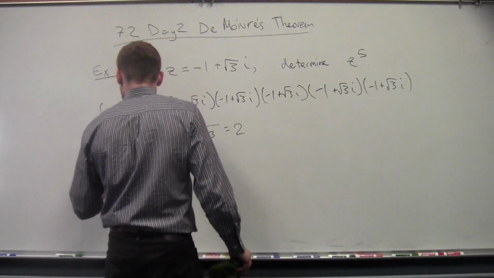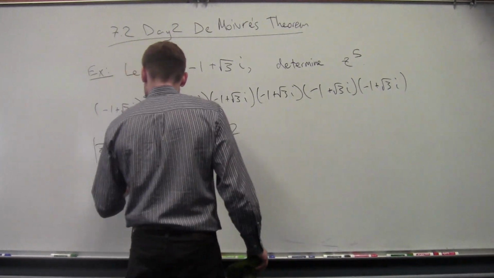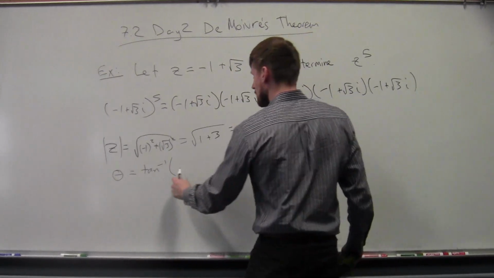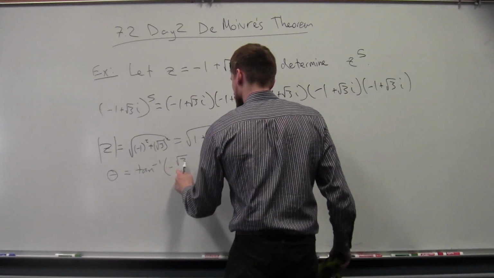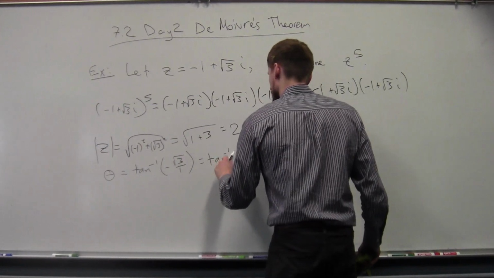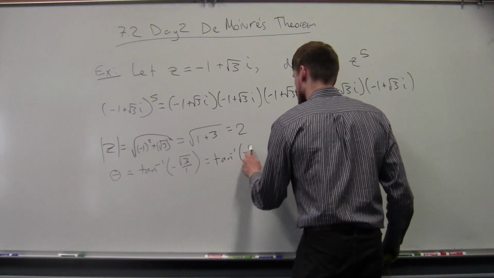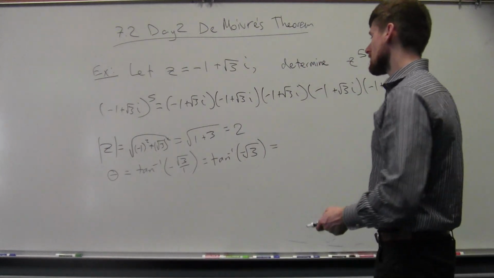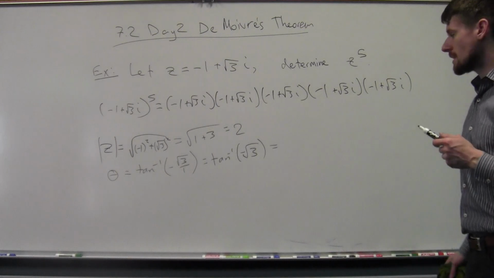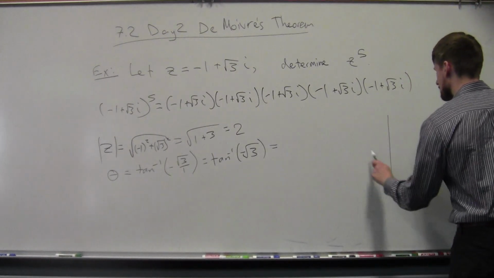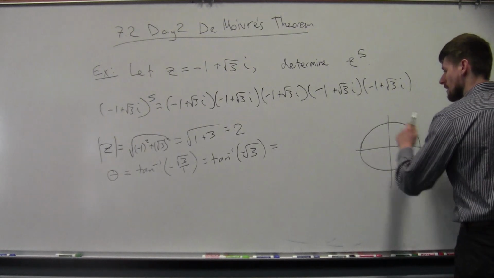Next up, we calculate the angle. Theta is the inverse tangent of b over a, which is negative root 3 over 1, which is the inverse tangent of negative root 3. If I remember my unit circle well, this is a nice number you can take the inverse tangent of on the unit circle. And it's going to have 2 answers, if you think about it.